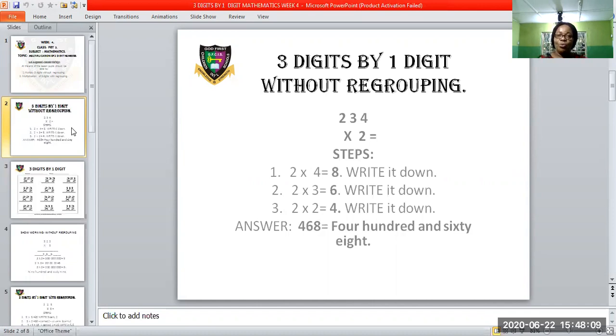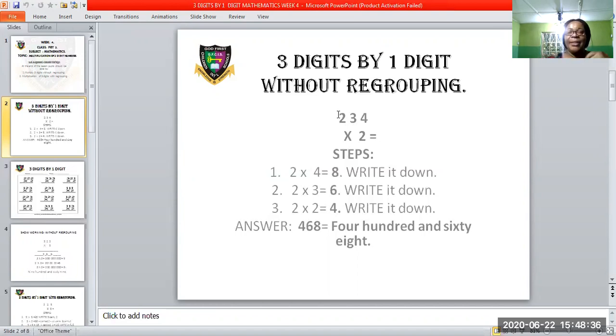You must always start your calculation from the unit digit. The unit digit is the best place to start your multiplication of numbers. Therefore, we say 2 times 4, 2 times 3, and 2 times 2.